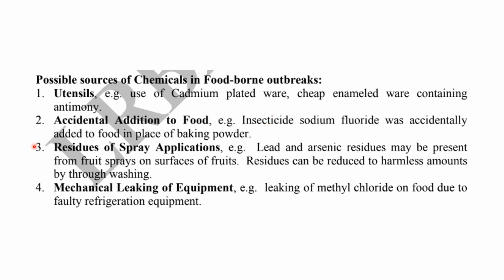So, residues of spray applications, so mga lead and arsenic residues on fruit sprays. That's why you might want to reduce these contaminants by washing them properly. Not just fruits but in other mga vegetables, do please wash them before. If you intend to eat them raw, please do wash them properly.